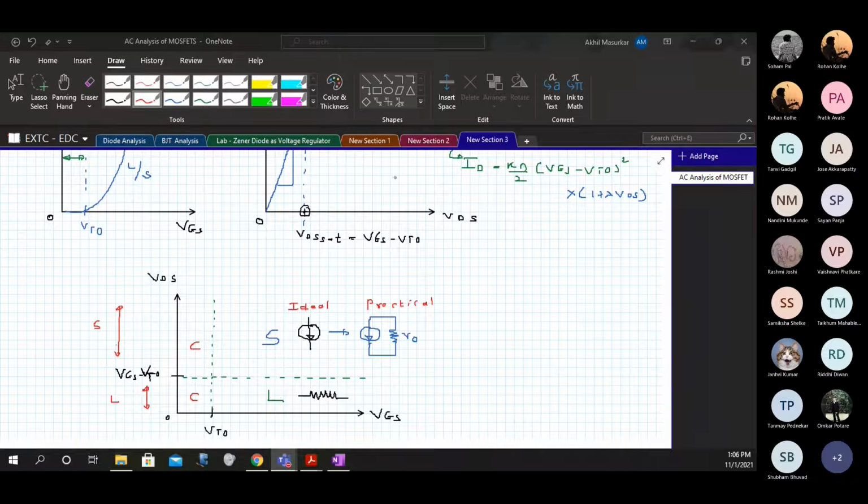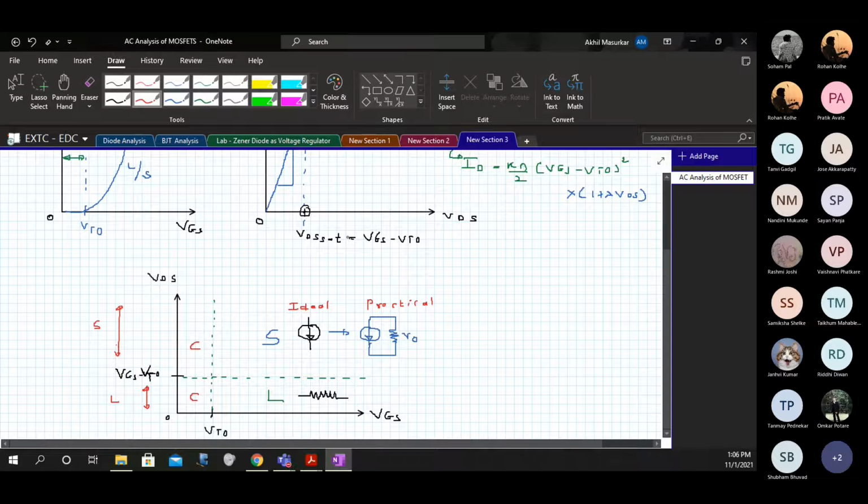So this much is enough to model the device. That means, now if you look at the three terminals, we have gate, we have drain, and we have source. Between gate and drain there is no connection, and there is no connection between gate and source.